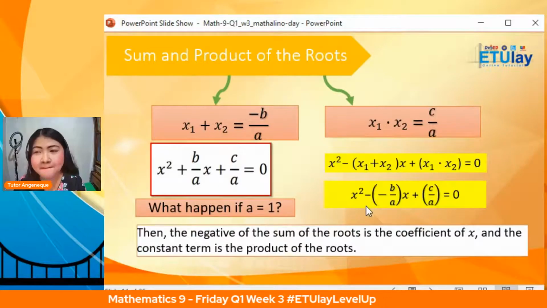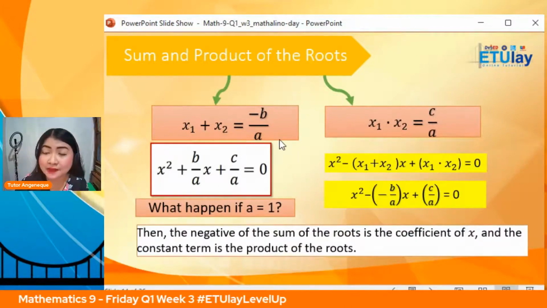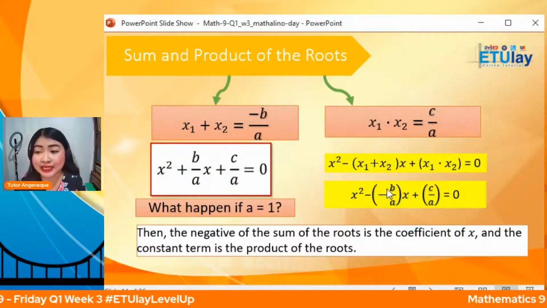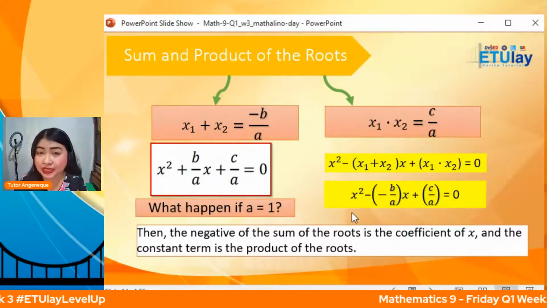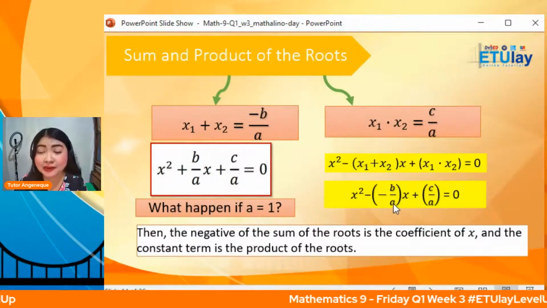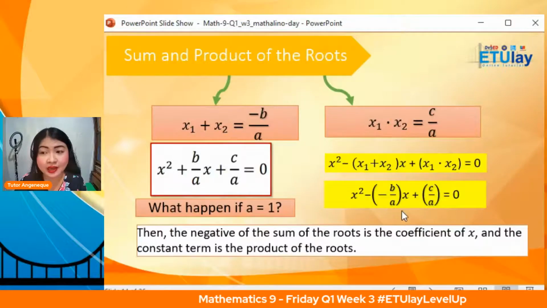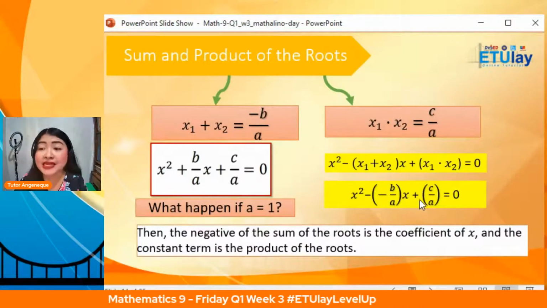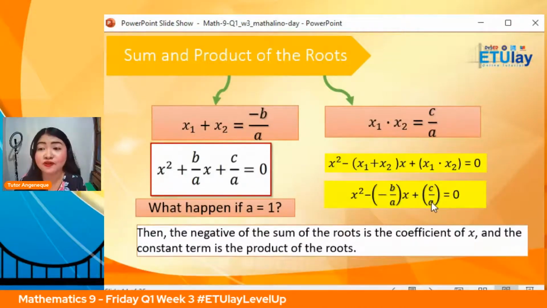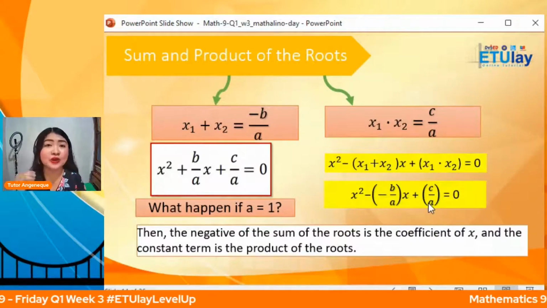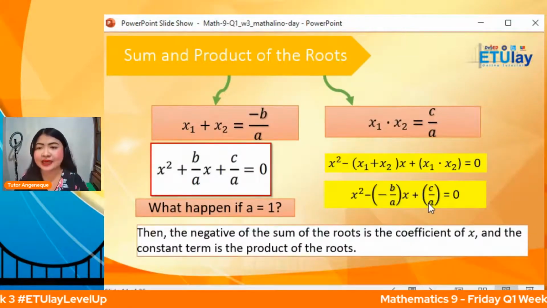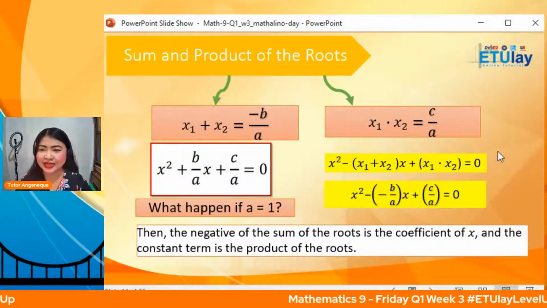Inuulit natin, ha? Kapag given yung sum ng roots, ilalagay lang natin siya dito. x squared minus the sum, negative b over a, x plus the product, which is c over a. And then, you will get the quadratic equation. Alright. So, magkakaroon tayo ng example para dyan.